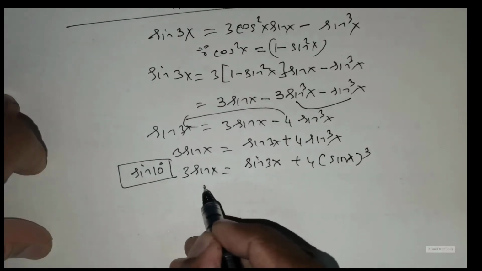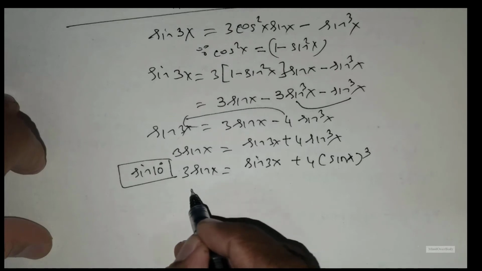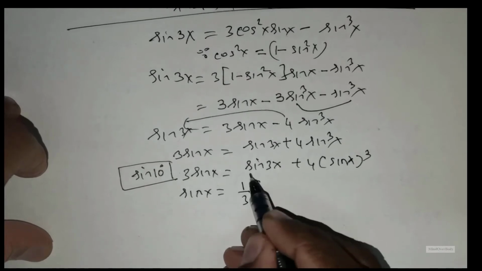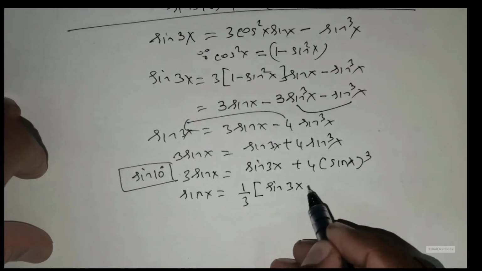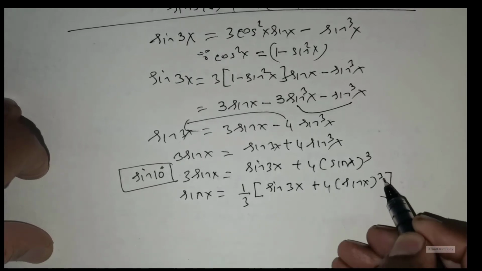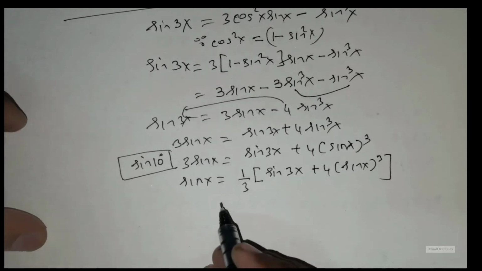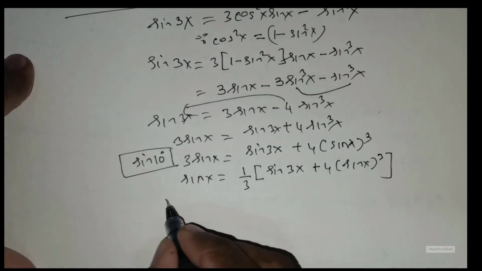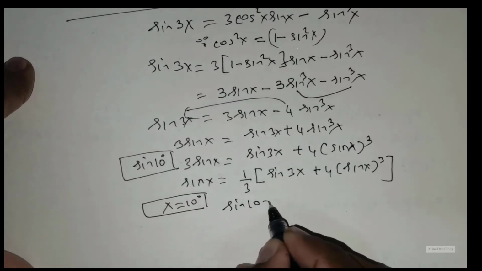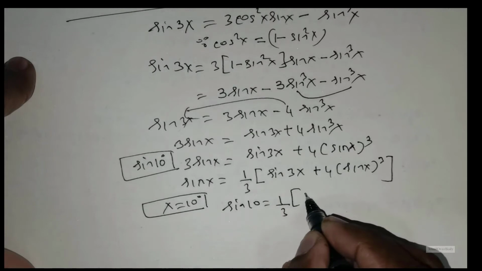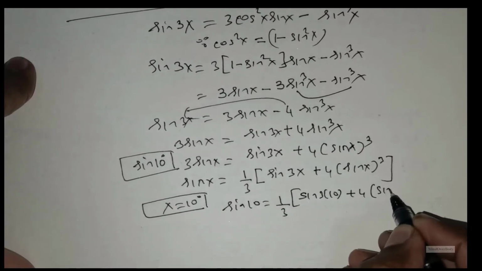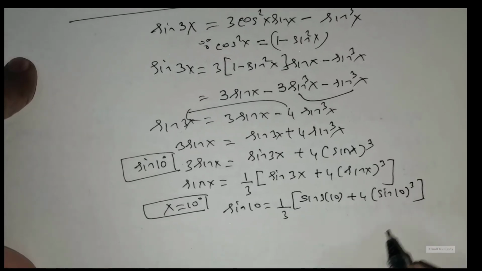Now this can be further written as sin x is equal to 1 over 3 times sin 3x positive 4 times sin x raised to the power 3. Okay, now if I were to take x to be 10 degrees, I would have sin 10 is equal to 1 over 3 times sin 3 times 10 positive 4 times sin 10 whole power 3.